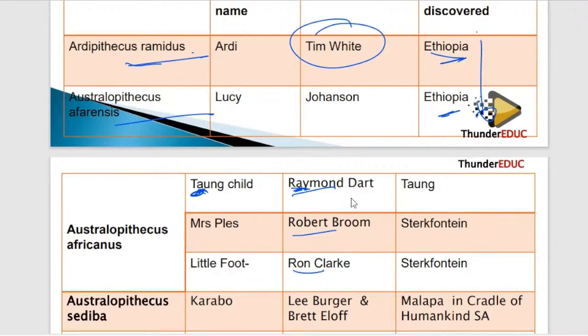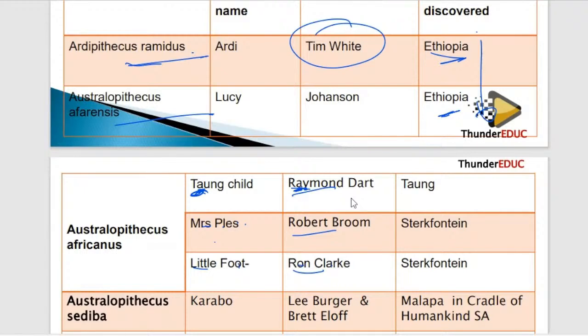So now you know it, and the rest you can know. Ron Clark, Little Foot. And then Mrs. Ples, actually it's now called Mr. Ples, but I don't know if they credit it if you say Mr. Ples.